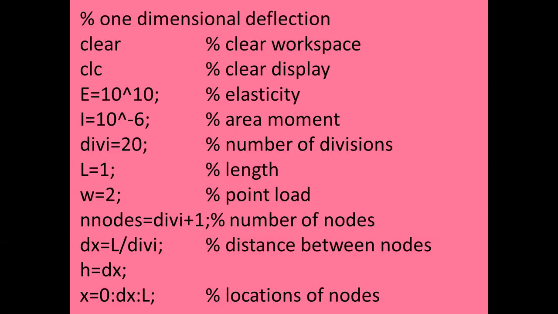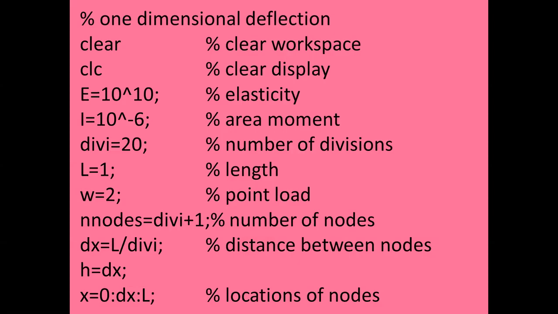of L. For the current case, when the value of L happens to be 1 and dx is 0.05, because L is 1 and divi happens to be 20, the value of dx is going to be 0.05.